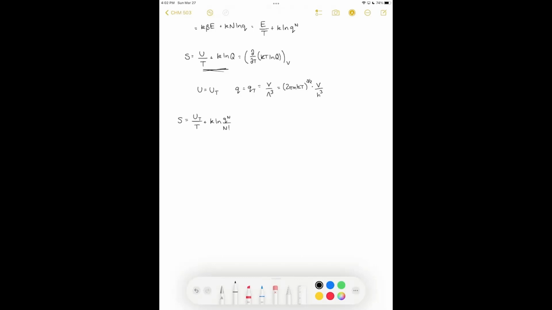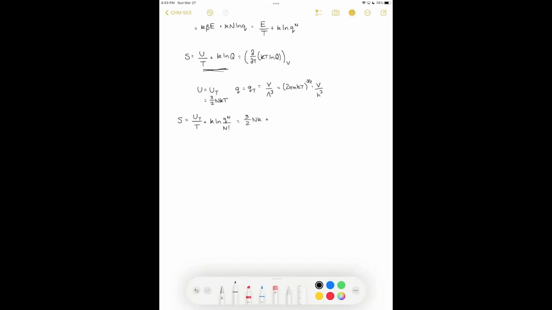We just evaluate this by plugging in our expressions from the top and using our log properties. U translational, hopefully you remember, was simply 3/2 NkT. So plugging in 3/2 NkT for U, we end up with U over T being 3/2 Nk. And then we evaluate this second term using our log properties.